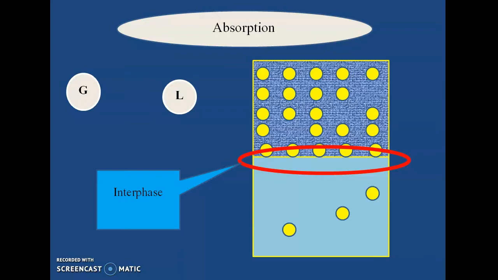Here the liquid selection plays a greater role, as we have to select a solvent or a liquid such that it attracts the component which is to be separated from gas phase. In this way, the transfer of the component or solute from gas phase to liquid phase is called absorption. So we can see that the mass transfer takes place from gas phase to liquid phase.